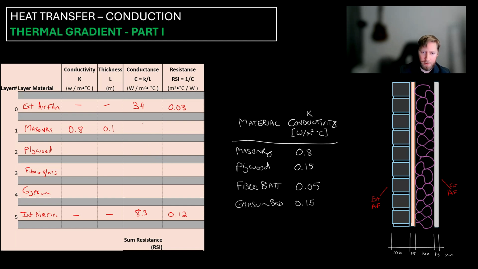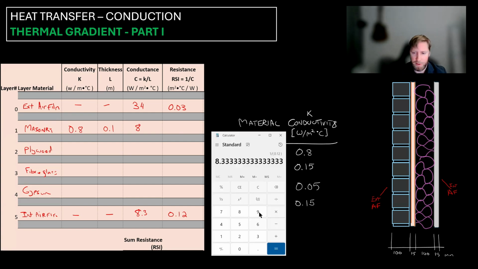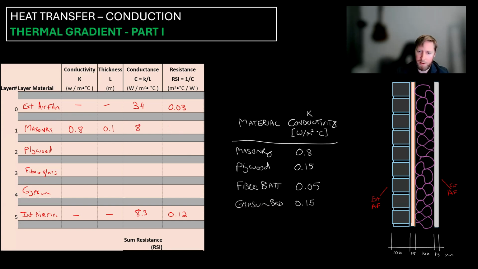The conductance is the thermal conductivity divided by the thickness, 0.8 divided by 0.1, which gives us 8. And then the thermal resistance is the inverse of that. If I take the inverse of 8, that's going to be 1.25. Is that right?